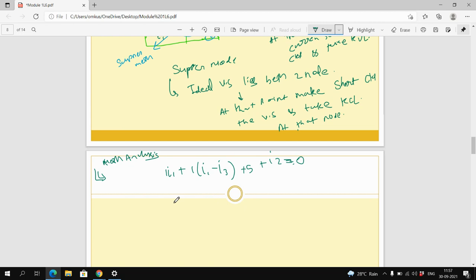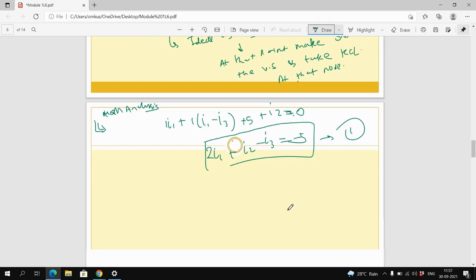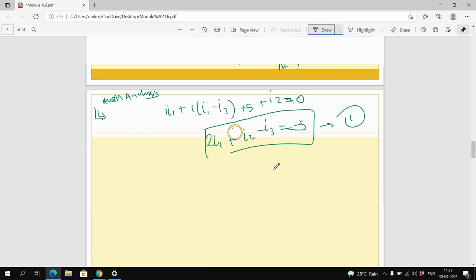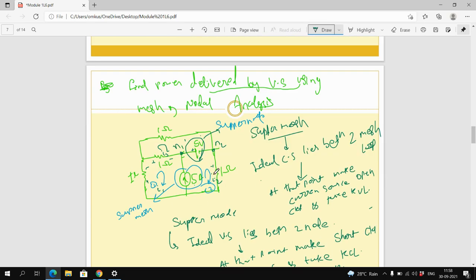When you solve this, you will get 2 I1 plus I2 minus I3 equal to minus 5. This is the first equation.